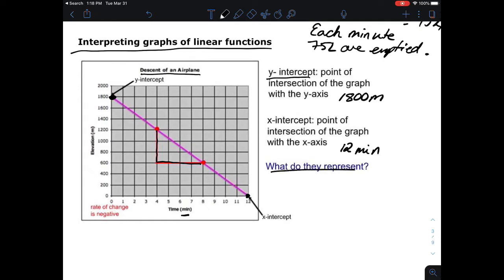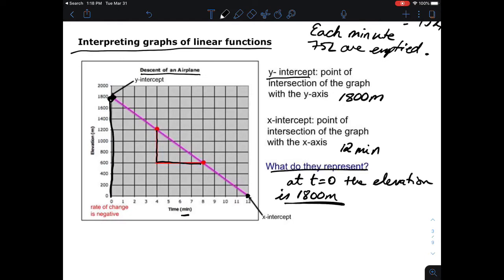And so now, what do they represent in this context? Well, in this context, at time 0, the initial elevation is 1,800 meters. So at time 0, the elevation is 1,800 meters.